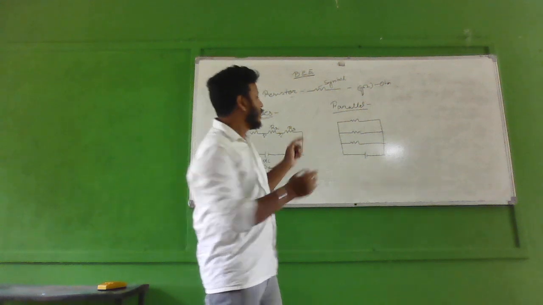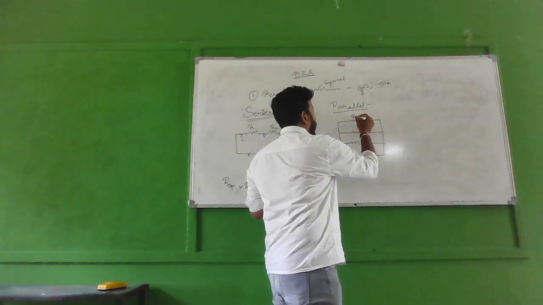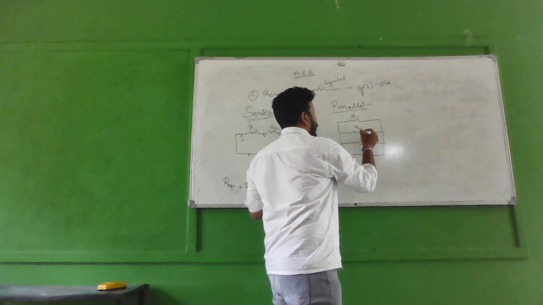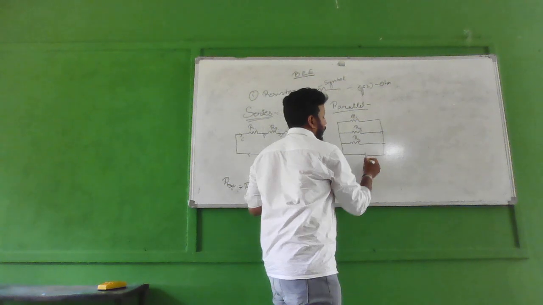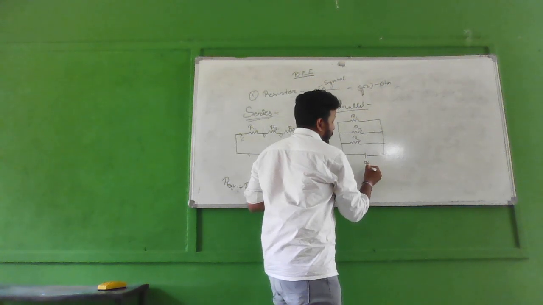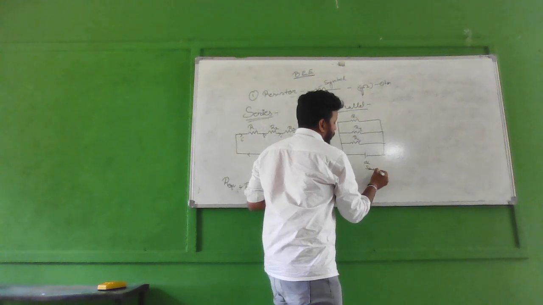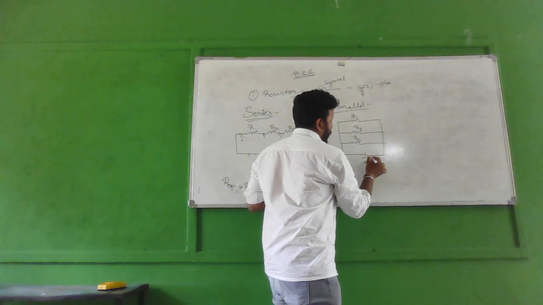Here, this is R1, this is R2, this is R3, and this is a DC source with positive and negative terminals.